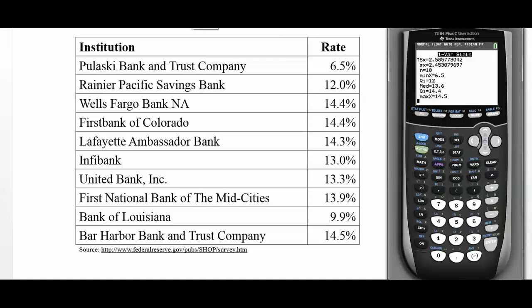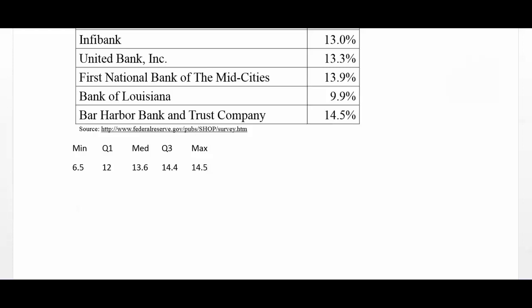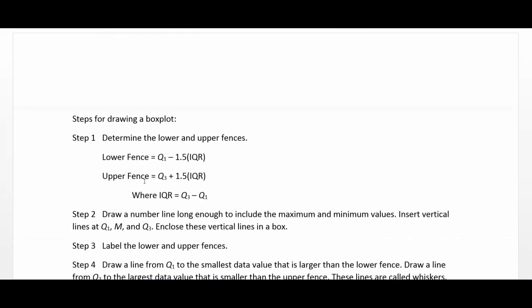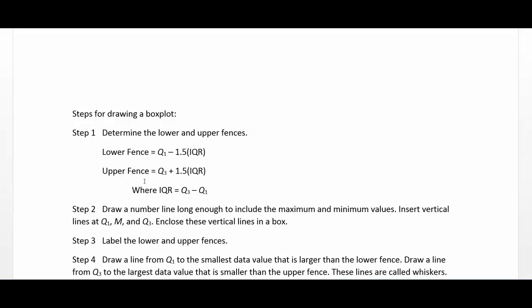Let me copy those over to the paper here. Okay, so I just copied all the numbers that are relevant for what we're about to do next. We're going to take these and sketch what's called a box plot. Let me show you the characteristics of that.